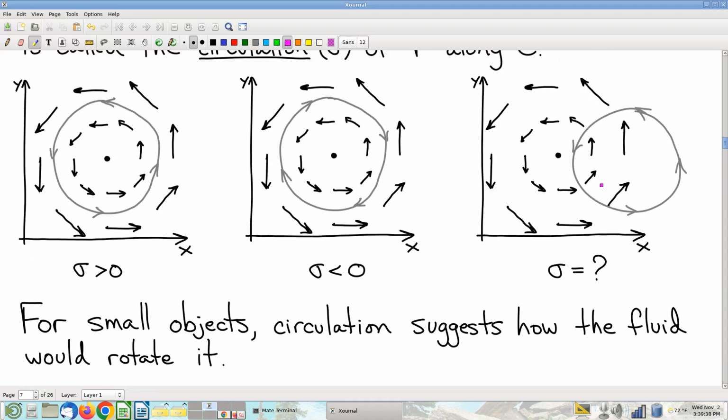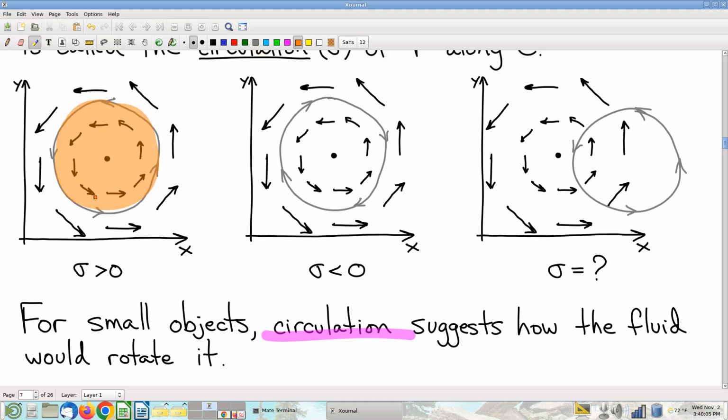By the way, another way to think about this circulation, and I think this is a nice point of view, is that circulation suggests which way a small object would rotate if you were to drop it into the fluid. So, for example, let's imagine this is all very small scale, very itty-bitty little stuff, and suppose I were to drop a leaf. Say it's the fall and leaves are orange.